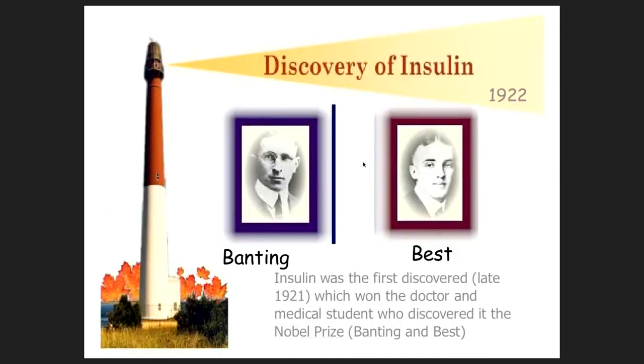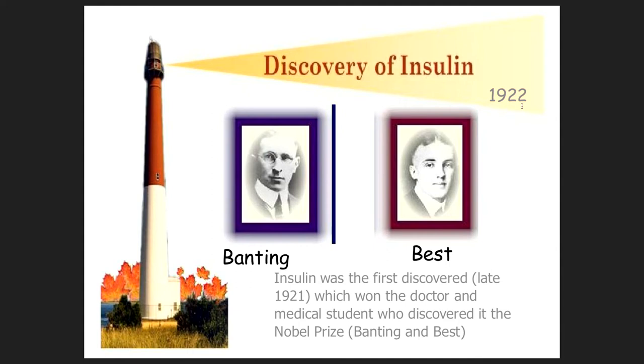When we come to the history of insulin therapy, insulin is the main therapy for type 1 diabetes, which is why it is called insulin dependent diabetes mellitus. The first person who discovered insulin was Professor Banting Best, a professor of orthopedics, who discovered insulin in 1922.